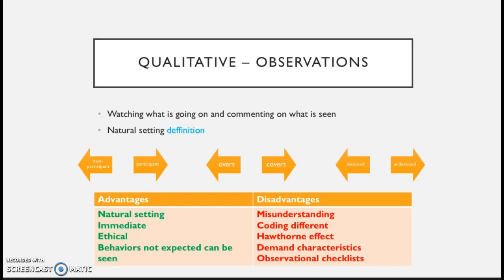And this can then mean that if there's an observational checklist, you can, with the other observer, say this is what you've seen and this is what else is going on, and this can then find all the information that's needed.